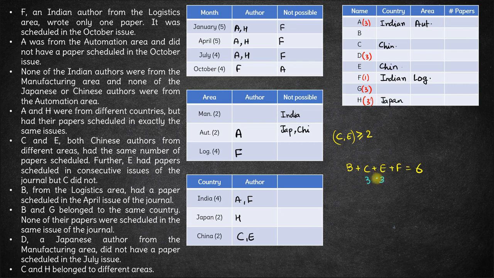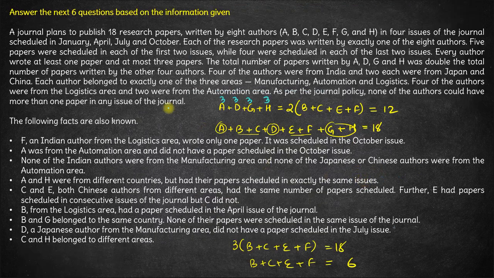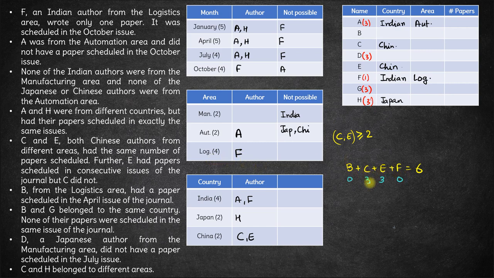If they both publish 3 papers, then B and F will have to publish 0 papers, which is not possible because everyone has to publish at least 1 paper. Hence, this is not possible. So the only possible case is that both C and E publish 2 papers each, whereas B and F publish at least 1 paper each. They would have to publish 2 or more, so only 2 is possible.